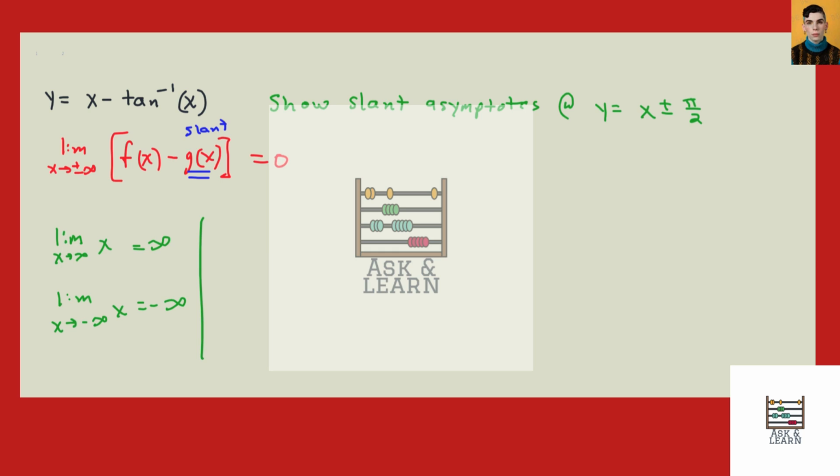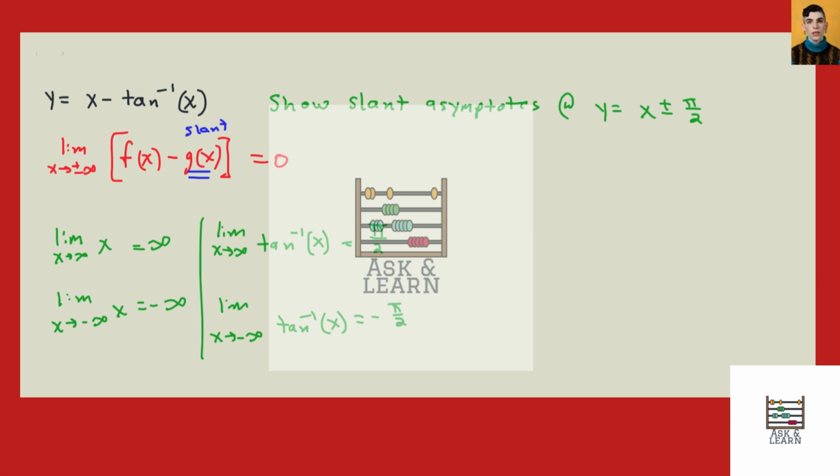But the limit as x approaches infinity of tangent inverse of x approaches pi half, and we know the limit as x approaches negative infinity of inverse tangent would be negative pi half.